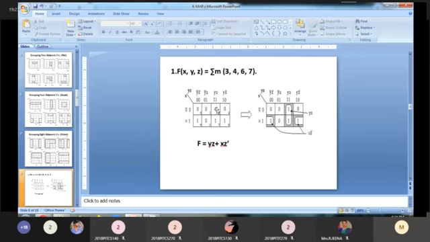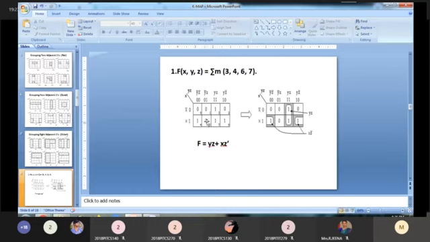What is the M3 position? This box. So this position 3 is changed to 1. Then 4 means your 4th position has the value 1. Next, 6 means your 6th position has the value 1. 7 means your 7th position has the value 1. All other positions have the value 0.